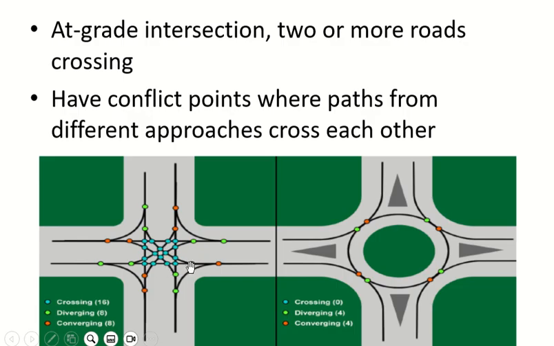For example, this one or this one, the first one. So this is between a vehicle going westwards and the vehicle which is coming southwards. So it's a crossing between them.